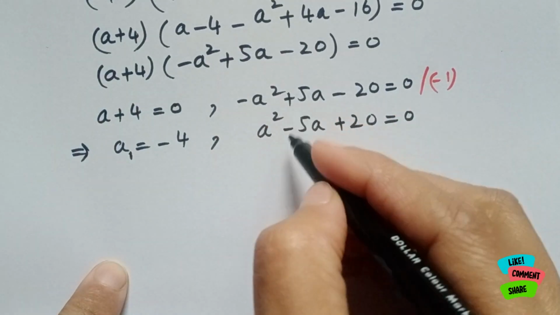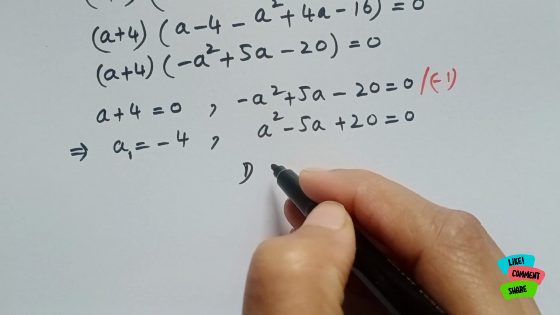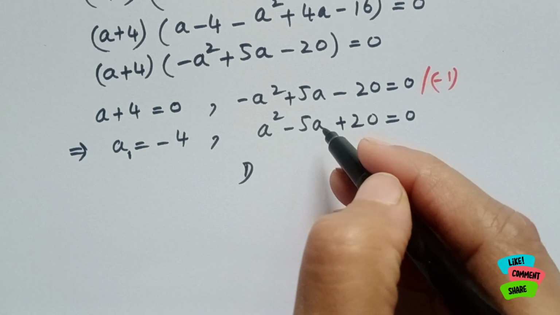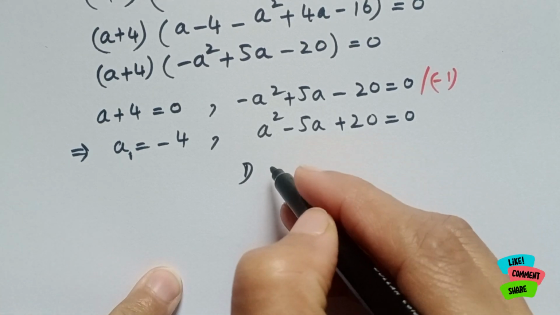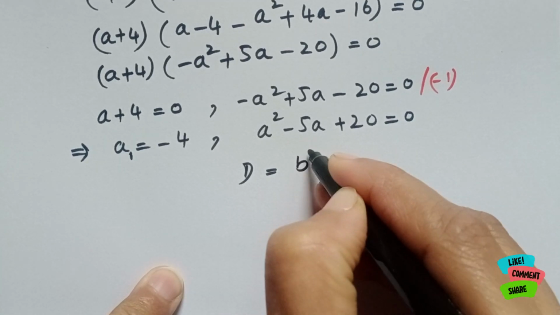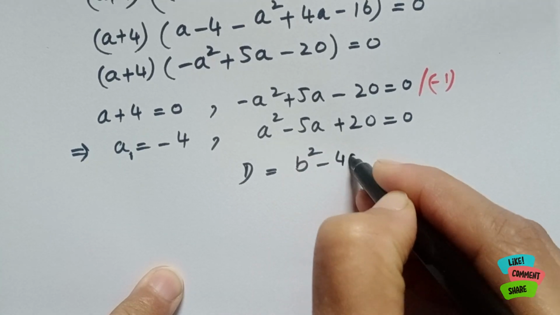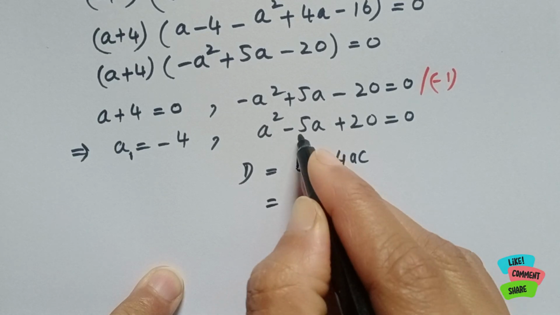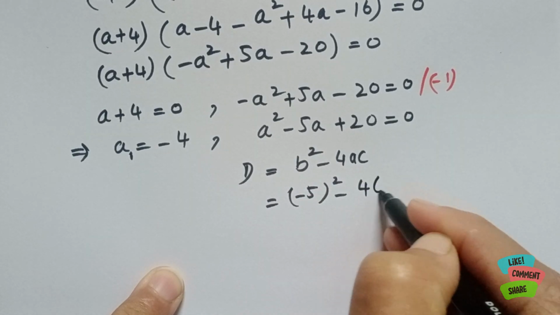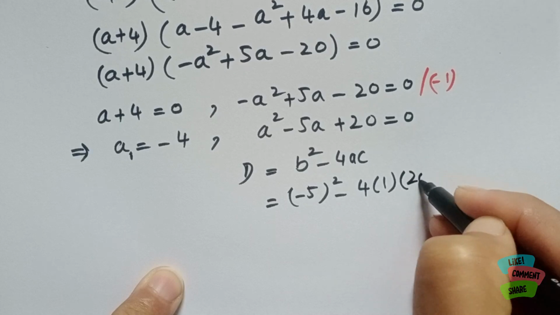So we will find our discriminant here, because this is a quadratic equation and we are going to use the quadratic formula. To use the quadratic formula, we will first calculate the discriminant, and the discriminant is equal to b square minus 4ac. So here b is equal to minus 5 whole square minus 4, a is 1 and c is 20.